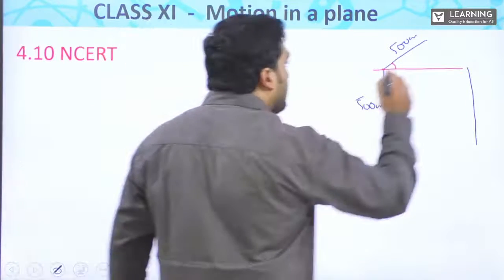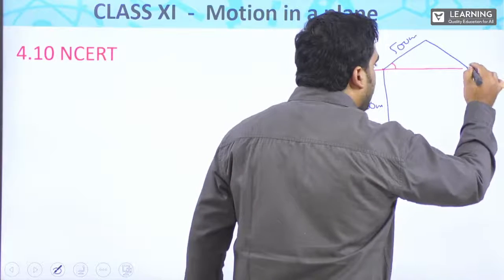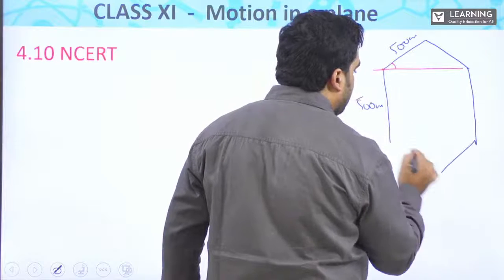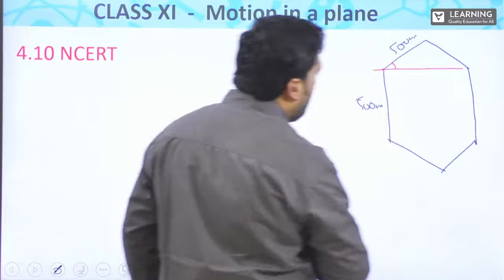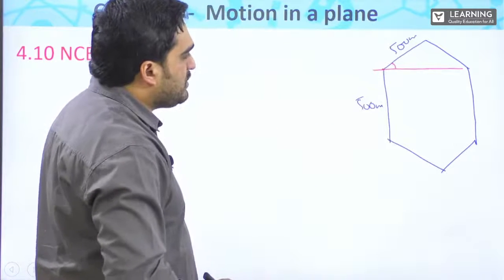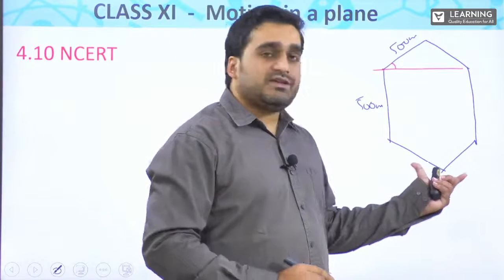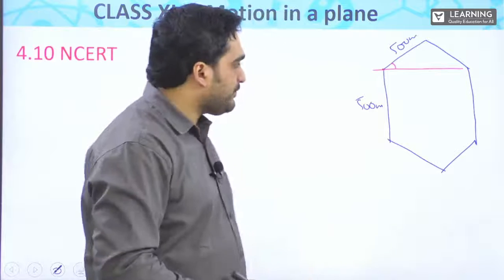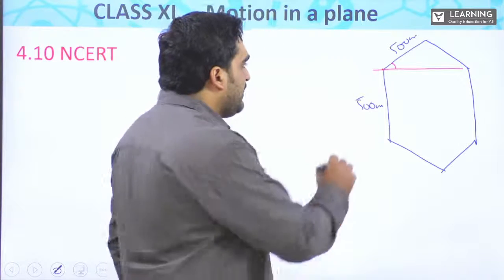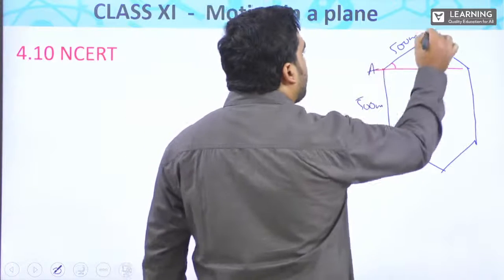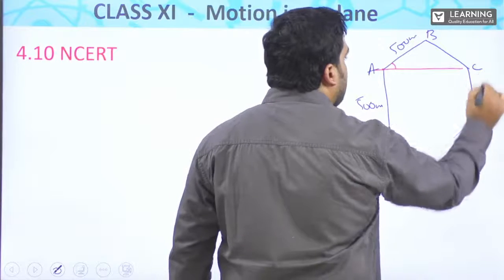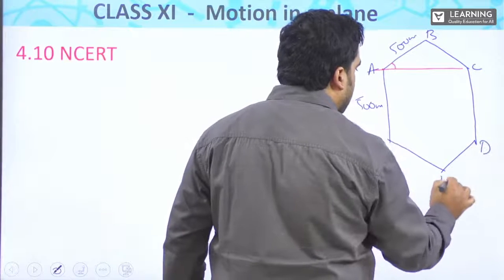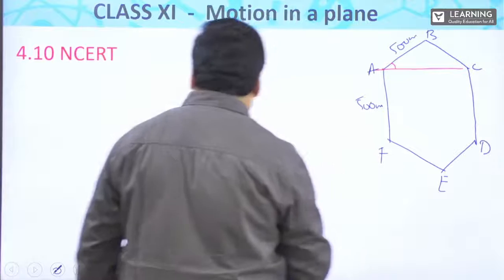So he keeps doing this after every 500 meters, and what you obtain is a geometrical shape called hexagon. Let's name the points as A, B, C, D, E, and F.